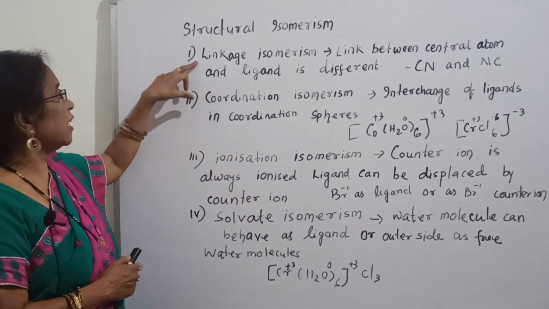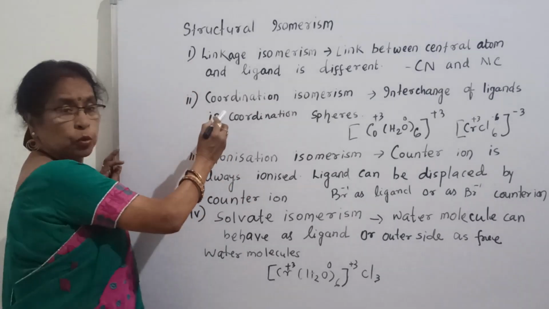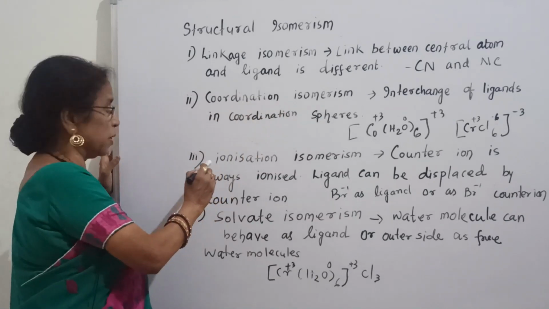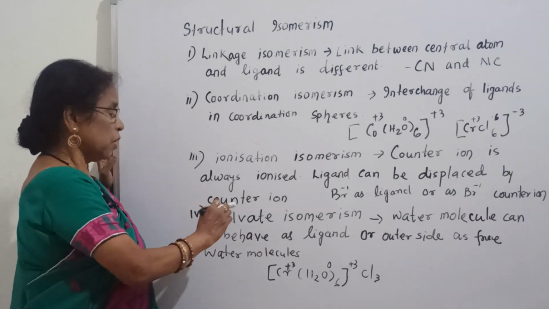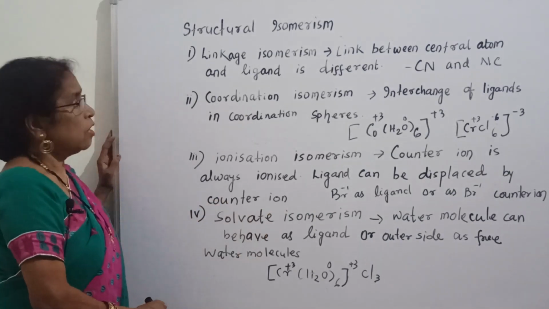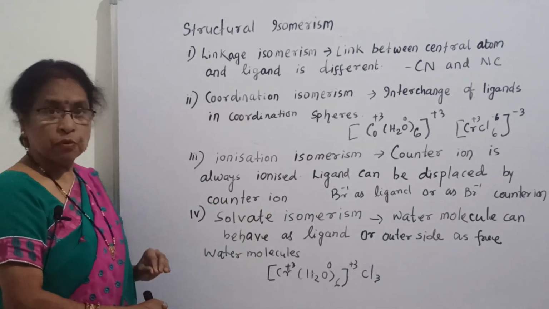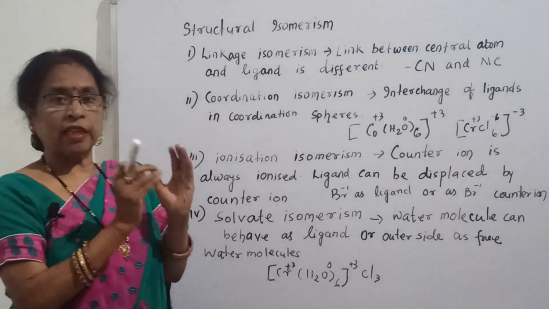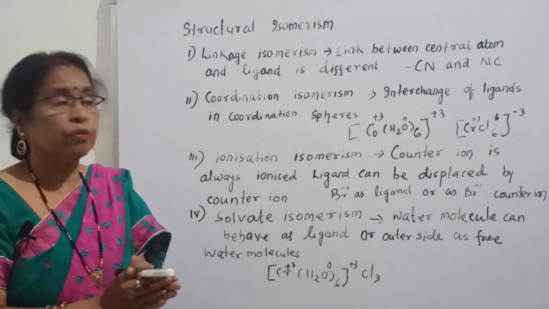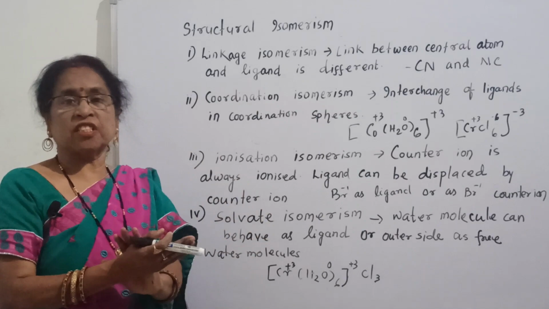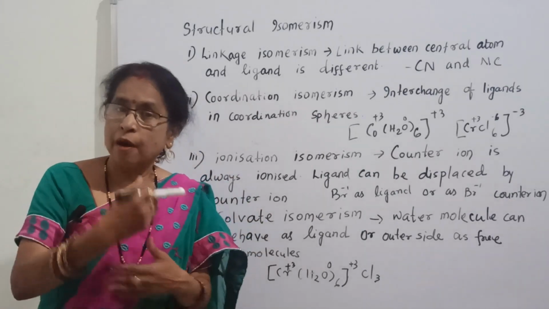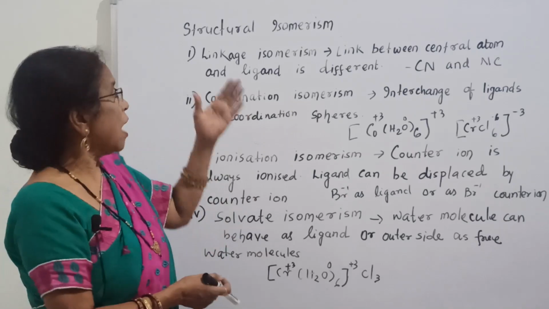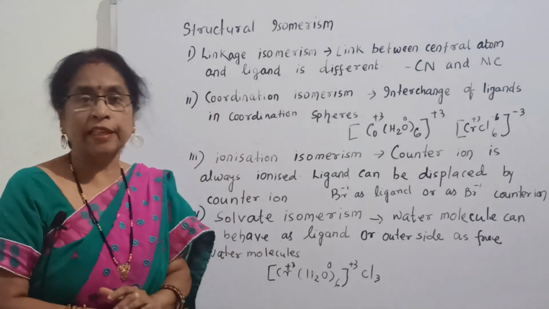Number one, linkage isomerism. Number two, coordination isomerism. Number three, ionization isomerism. Number four, solvent isomerism. Now we will see only the summary, the meaning of linkage isomerism, coordination isomerism, ionization isomerism and solvent isomerism, and after that in coming videos I will explain one by one in detail.